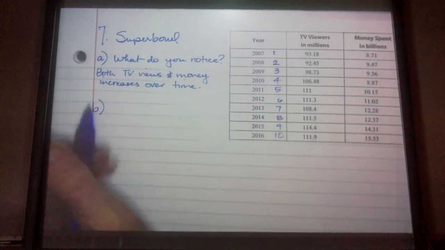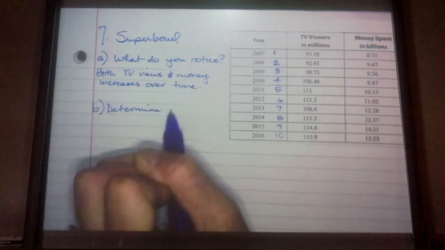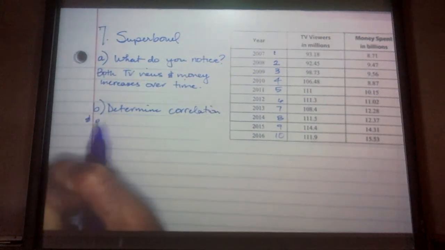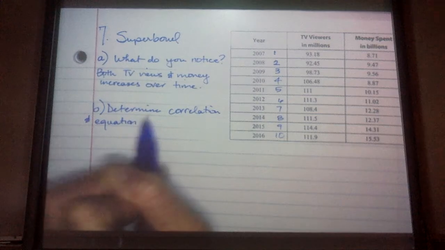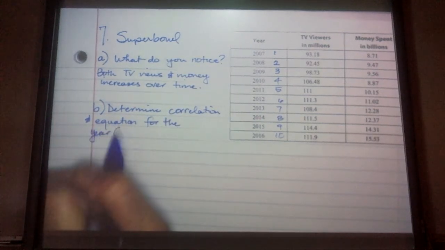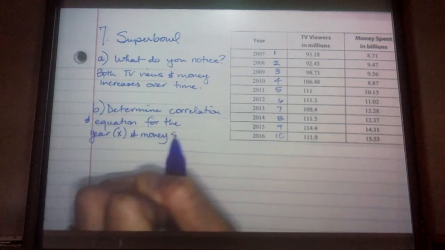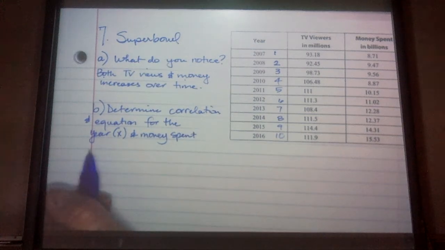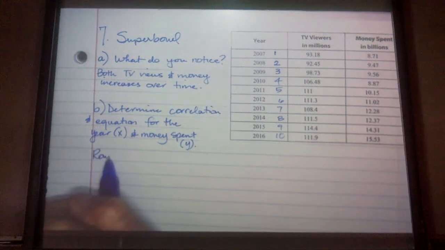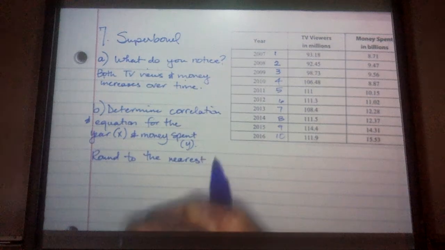they would like us to determine correlation and equation for the year to be X and money spent to be Y. And they'd like us to round to the nearest hundredth.